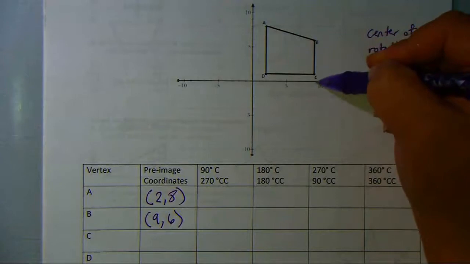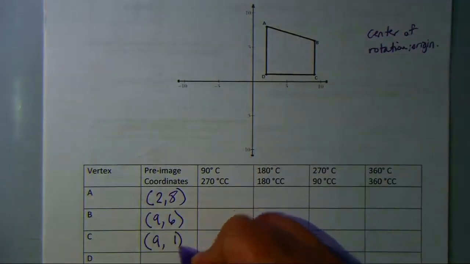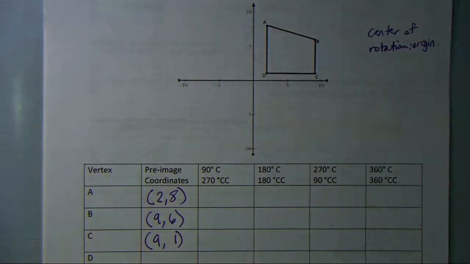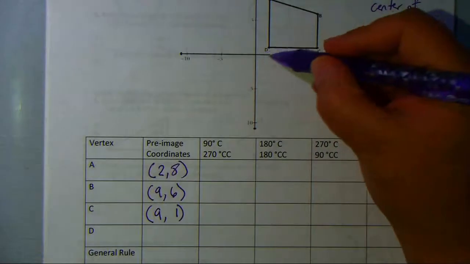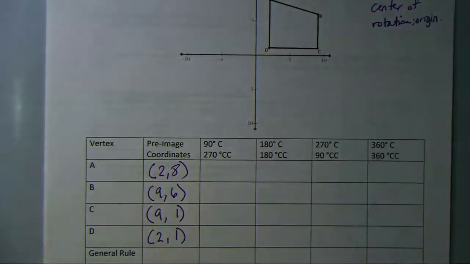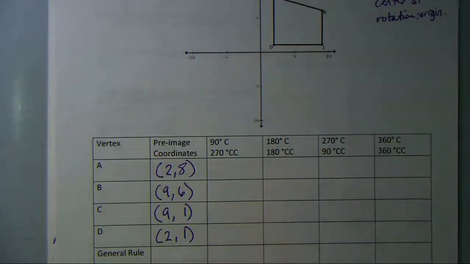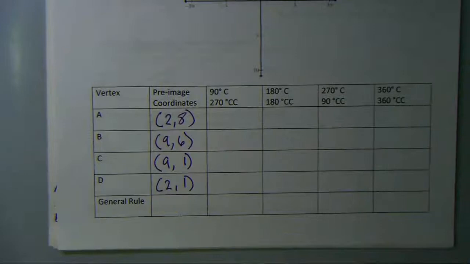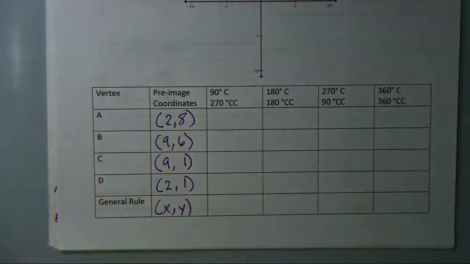C is at 9, 1. And finally, D is going to be at 2, 1. So our starting rule for these points is X comma Y. That's where we're starting.